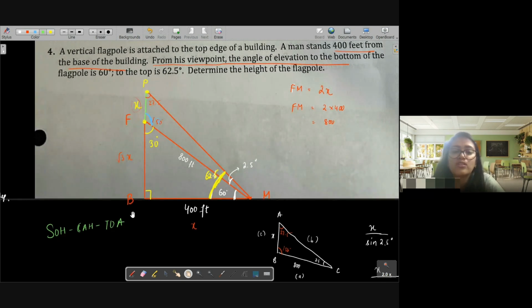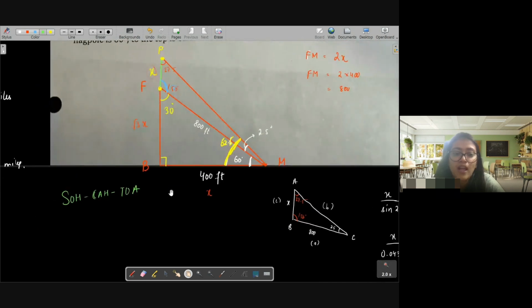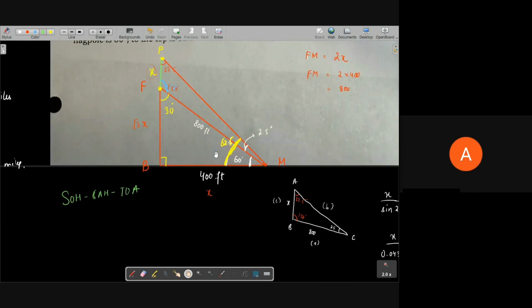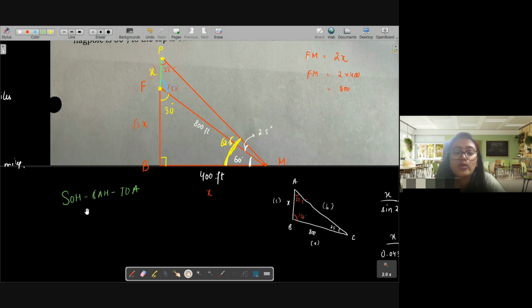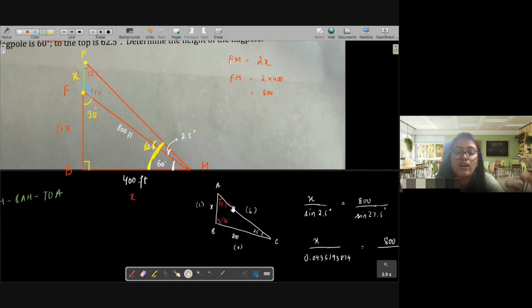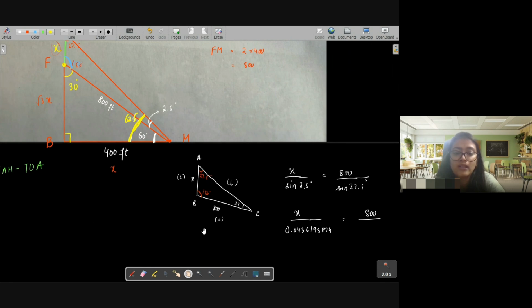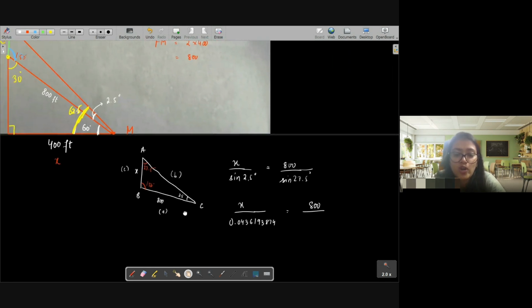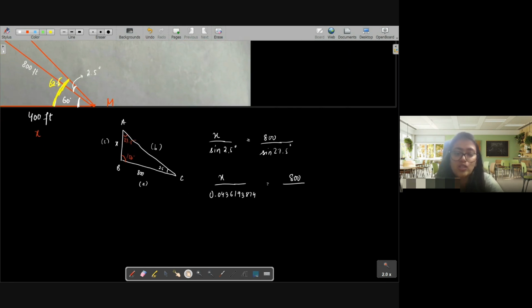But SOHCAHTOA works only in right triangles, and SOHCAHTOA is definitely easier than law of sine and cosine. So whenever you see right triangles, try to use SOHCAHTOA. And when you don't have a right triangle, when you have acute or obtuse, like this is an obtuse triangle, here we will use law of sine and cosine to solve the triangle. This is called solving the triangle. Solving means we are trying to find out all the three angles and all the three sides.